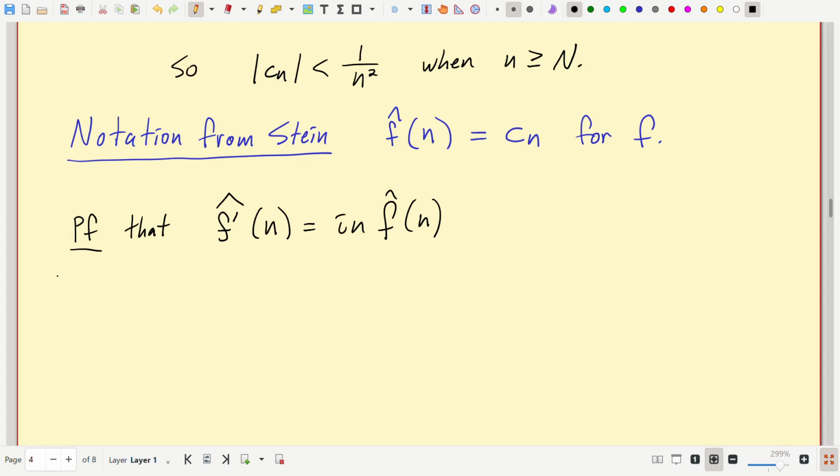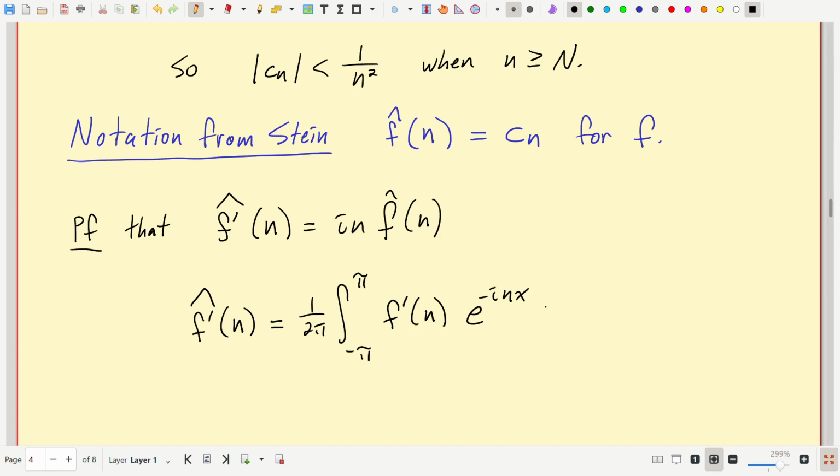Okay, it's a pretty simple calculation. Let's say that the Fourier coefficient for f prime would be 1 over 2 pi, integral from minus pi to pi of f prime of x e to the minus i n x dx.